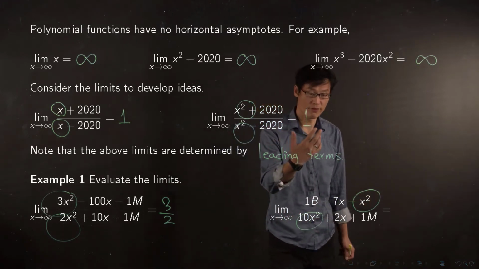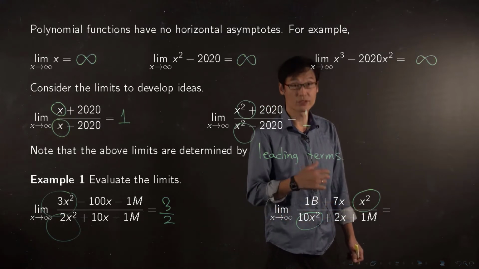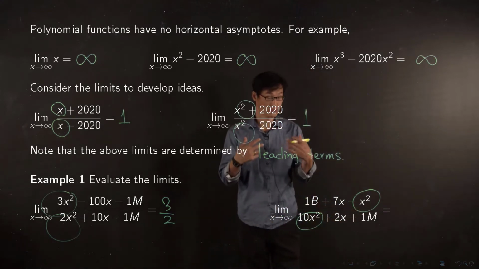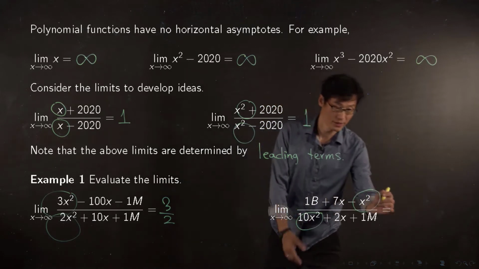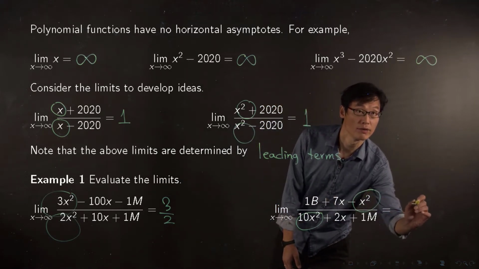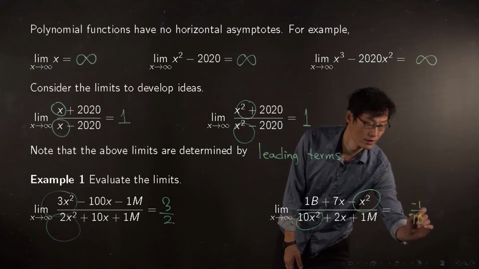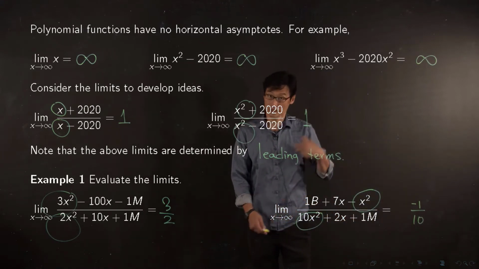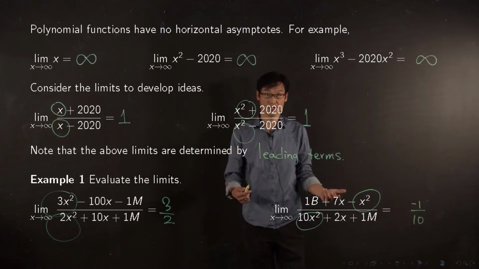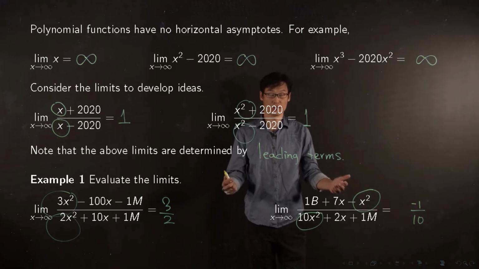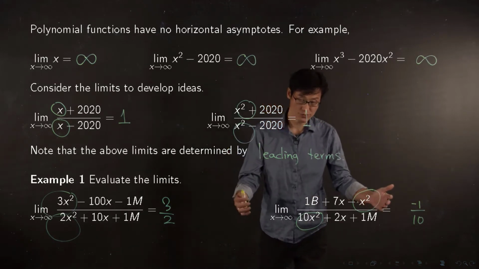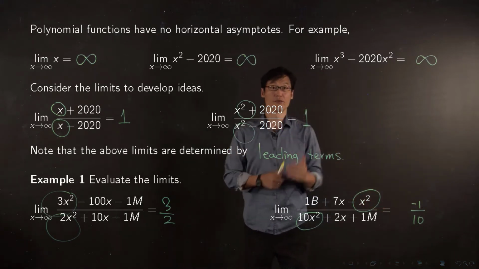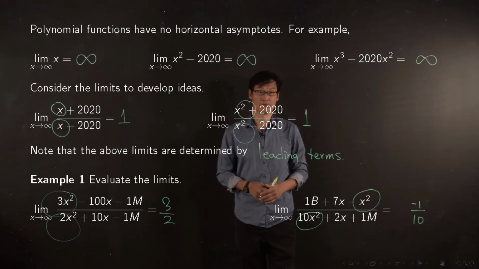So basically, we have negative 1x squared over 10x squared. So as x tends to infinity, the limit is simply negative 1/10. So when it comes to limits at infinity, we need to figure out leading terms, and we need to compare the ratio between leading terms.